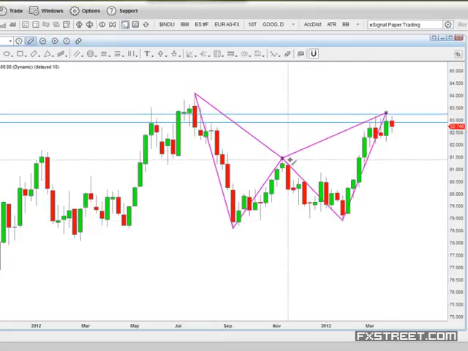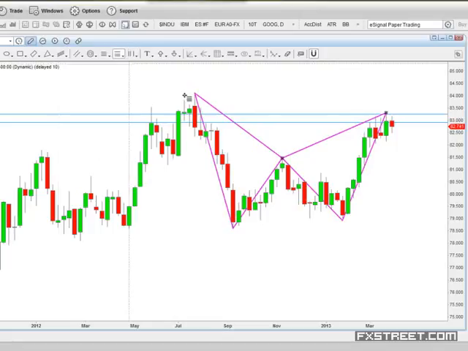So we've got this bias for the dollar index to change and become bearish. If the dollar index does become bearish, which we're forecasting, then obviously euro dollar and sterling dollar should move to the upside. So it's always a good idea to keep quite a close eye on the dollar index. I'm not saying it's going to be forever, and I'm not saying this is a major change in trend.